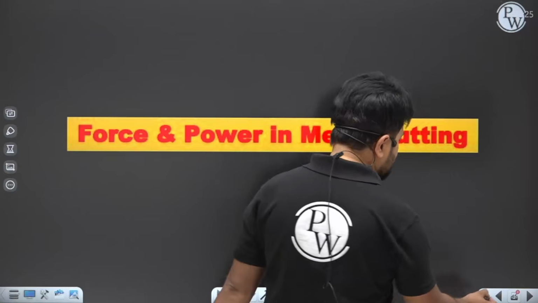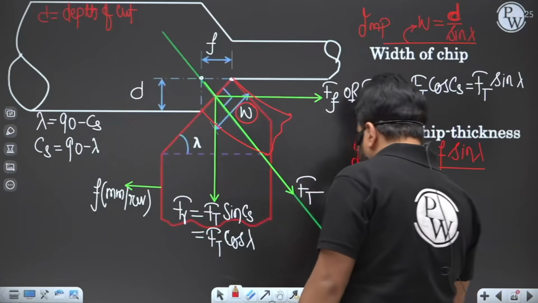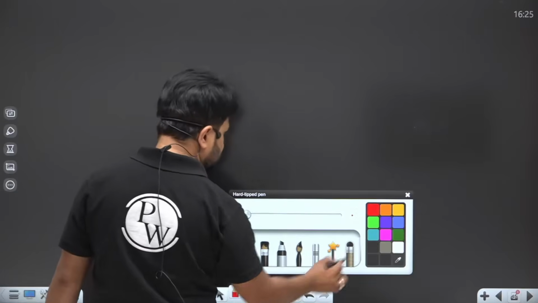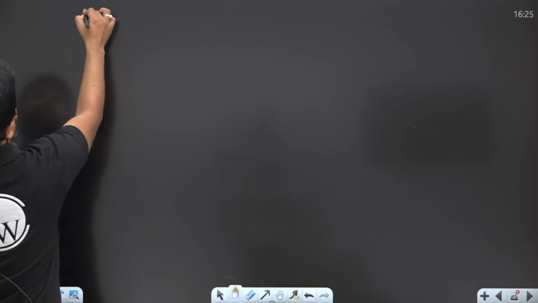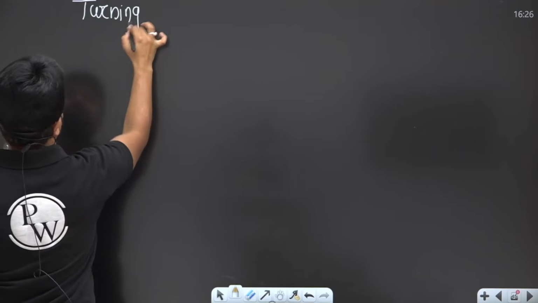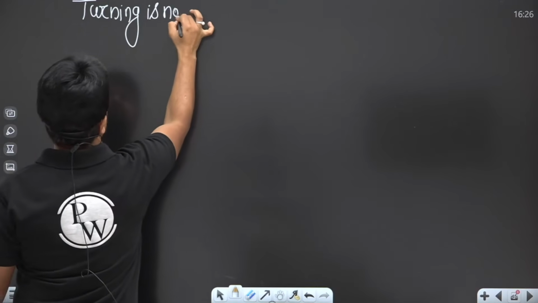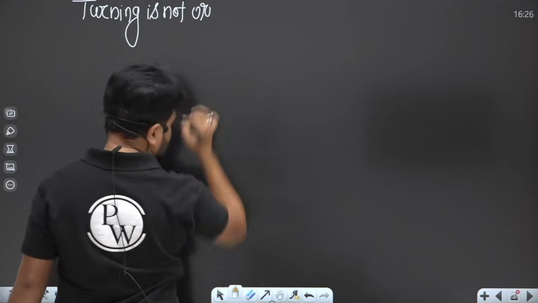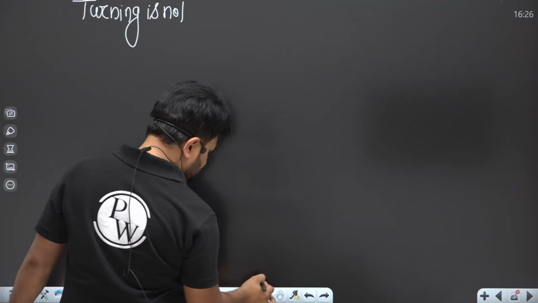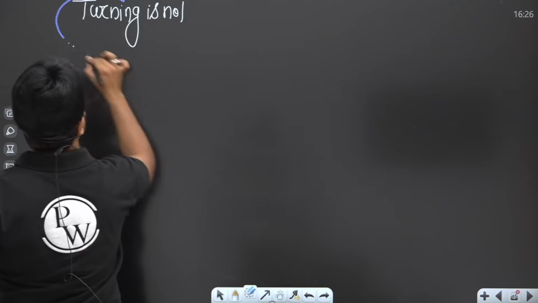The thing is that turning is not orthogonal cutting; turning is oblique cutting.